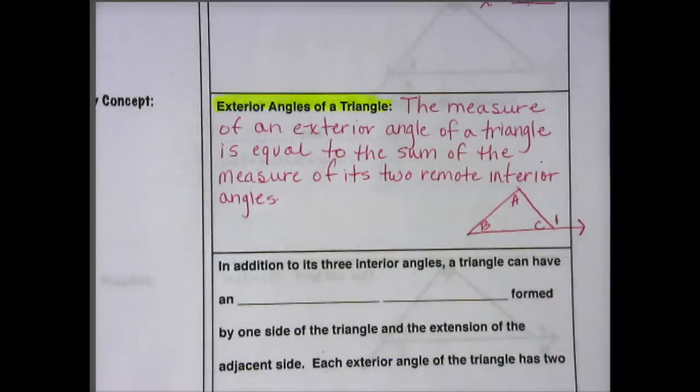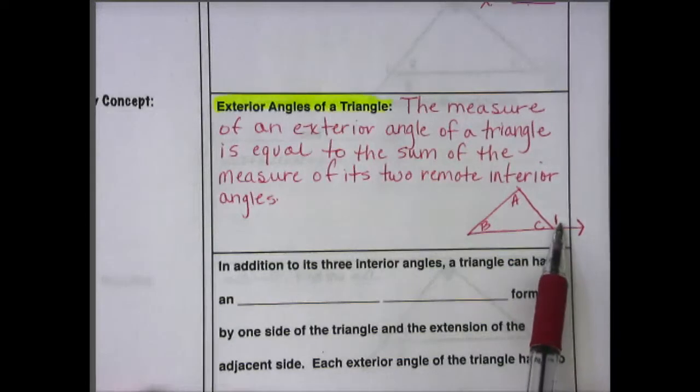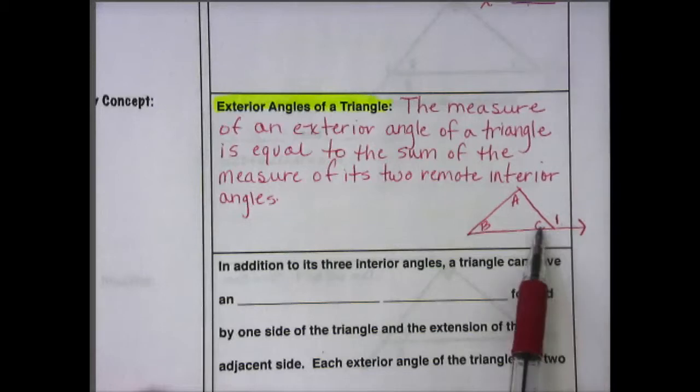Now we know that interior means inside. Remote means far away or not adjacent, not touching. So what we're going to do is look for the angles that are far away from angle 1 and don't touch angle 1. Well, angle C is adjacent to angle 1. It touches angle 1, so it can't be remote.